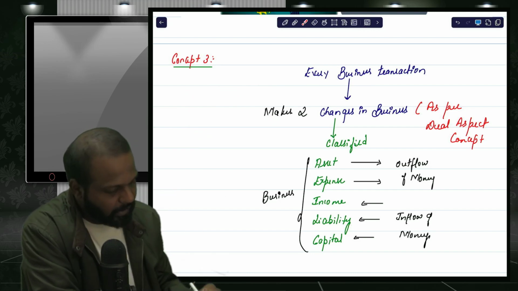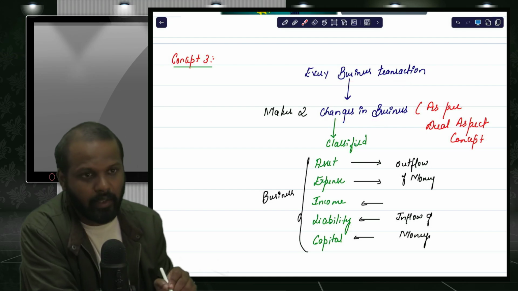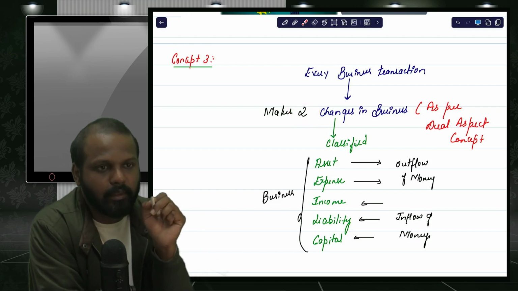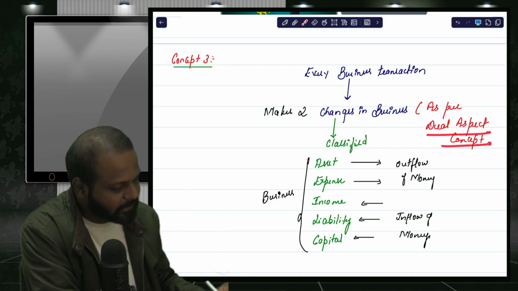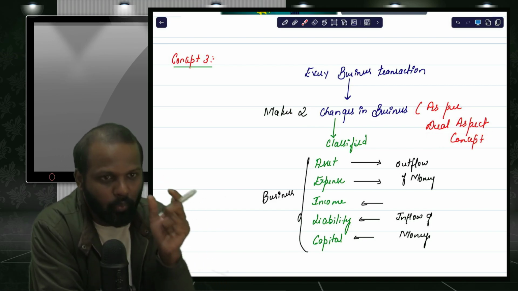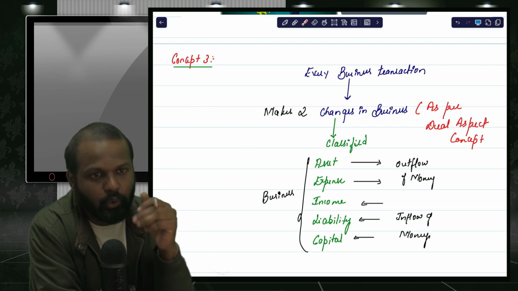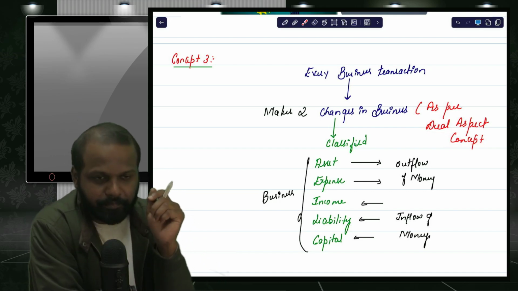So we say that every business transaction is going to make changes in the business, and how many changes? Two changes in business. This particular concept is called the dual aspect concept. This particular rule in accounts is called dual aspect. We say every business transaction has two aspects in it, two changes in it, dual, double.